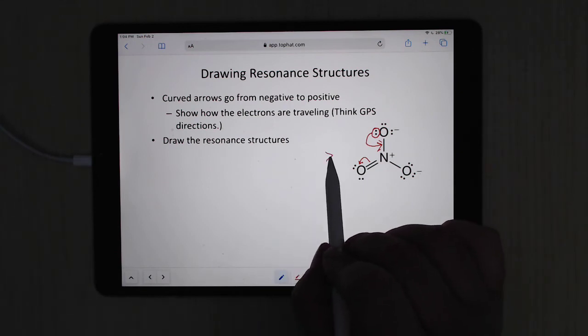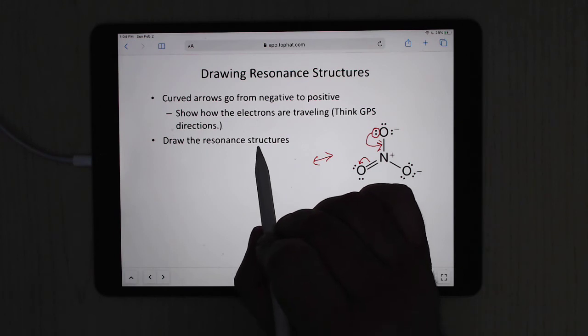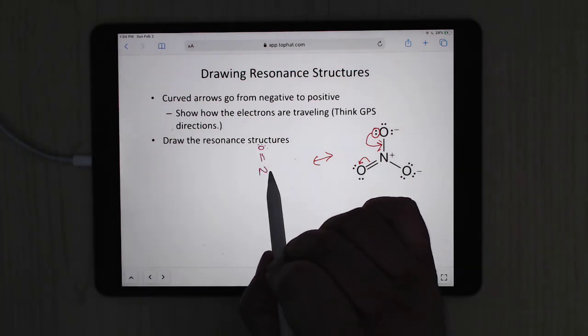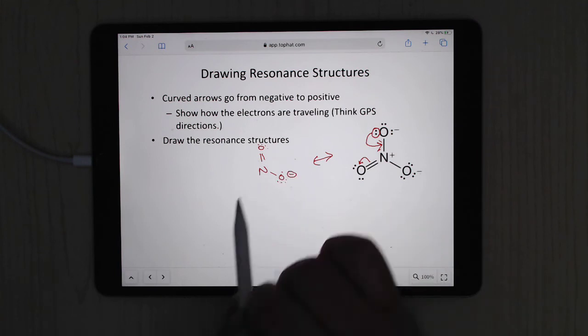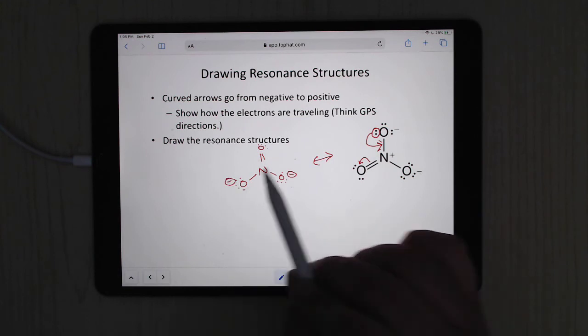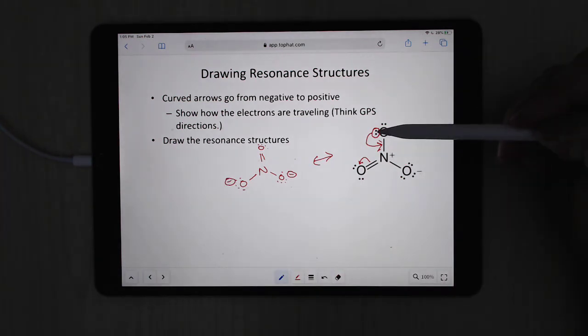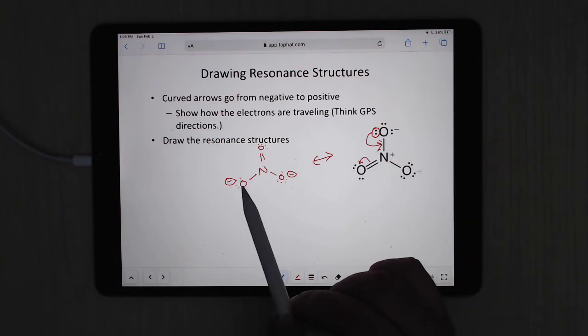Okay, and so if we're going to draw the resonance structure, what's going to happen is you would have this. Right? And so this set of lone pairs became this second bond here. This second bond here became this 3rd set of lone pairs.